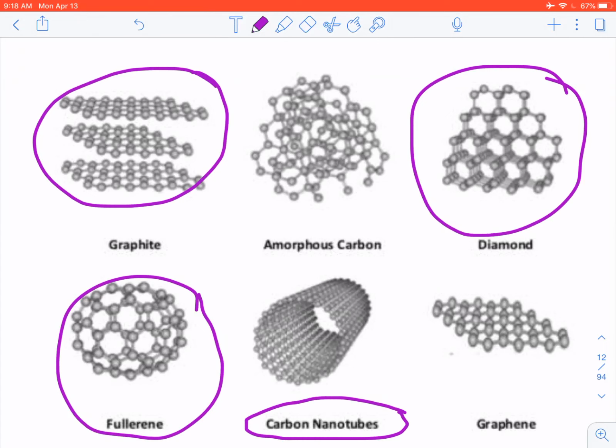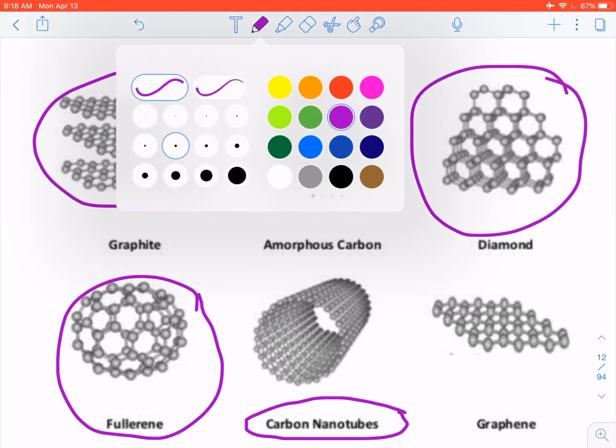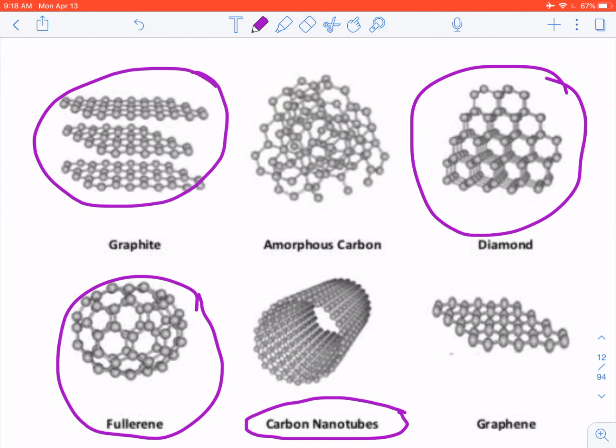Now the thing is, if we look at, say for instance, graphite and diamond, would a change from diamond to graphite be a physical change or a chemical change? Now there isn't total consensus about this. We can say, well, the particles have rearranged, so it looks as if it's a physical change.